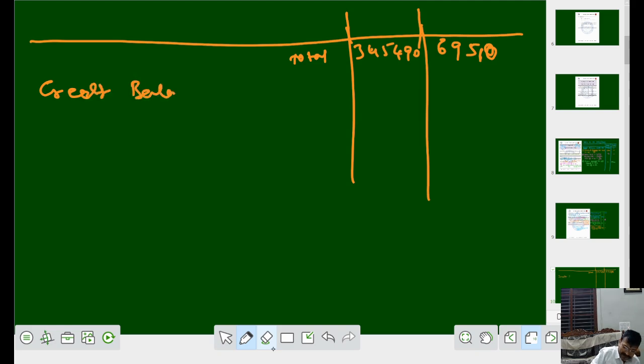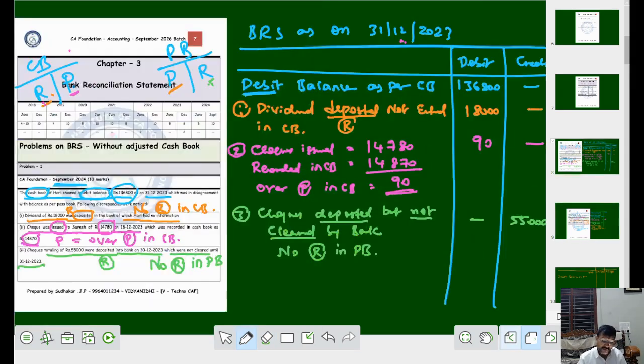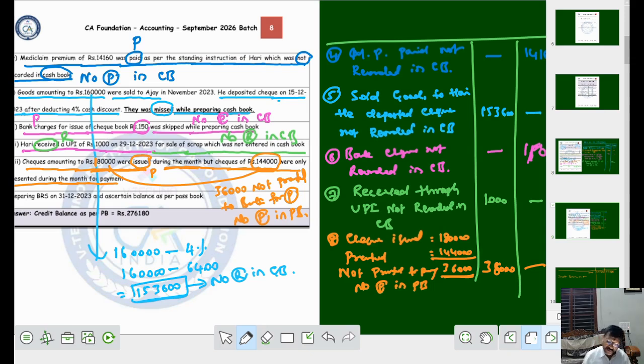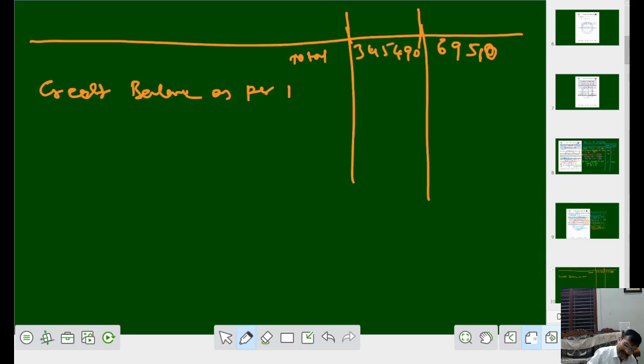Credit balance as per, you started with debit balance as per cash book, you have to end with credit balance as per passbook. Take the calculator, work out the difference of these two, it comes to 2,76,180. This completes the answer for your problem.